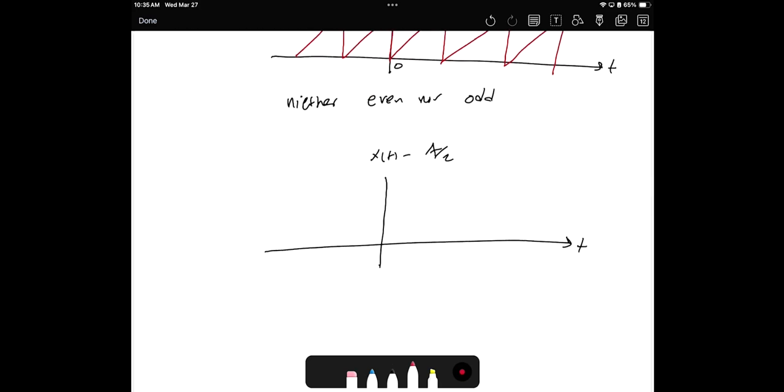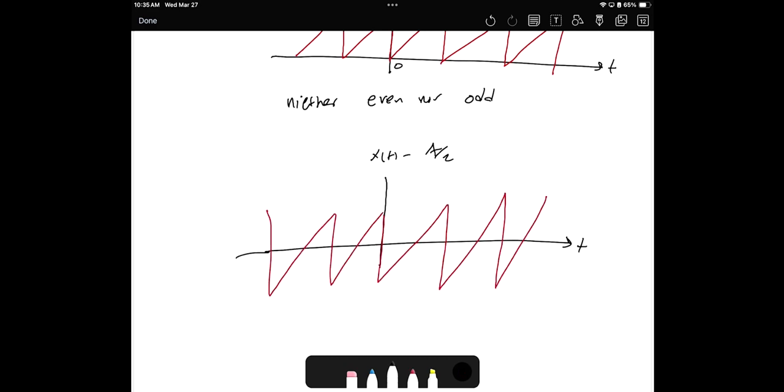So this yields something like this one. We see this is bounded between A over 2 and negative A over 2. Now, is this even or odd or neither?